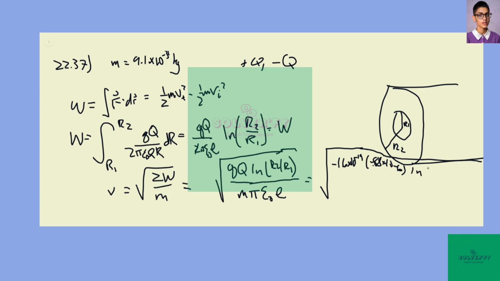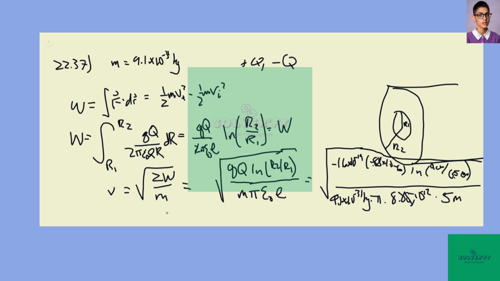And then we have ln of 9 centimeters over 6.5 centimeters, all over our mass, which is 9.1 times 10 to the negative 31 kilograms, times pi, times 8.85 times 10 to the negative 12 for epsilon naught, and lastly, times L, which we said is 5 meters.